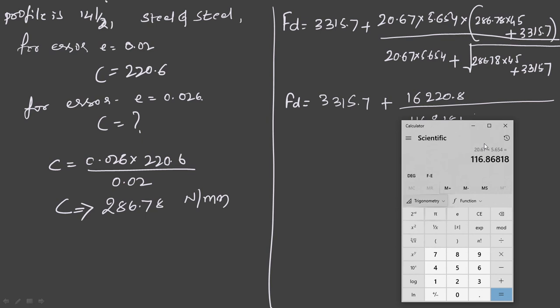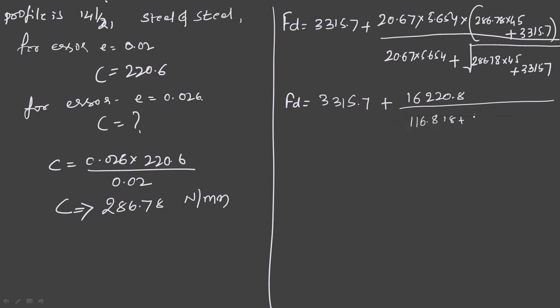So 11,492 total. Yes. Okay. FD equal to 11,492 Newton.